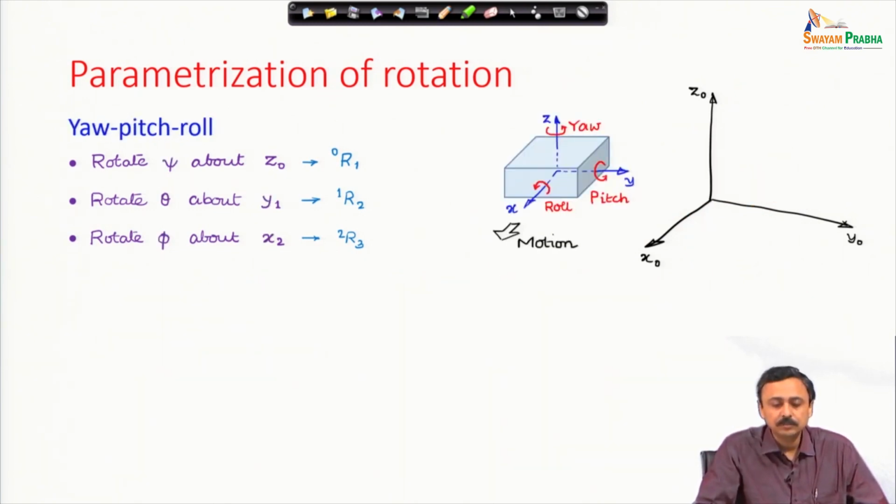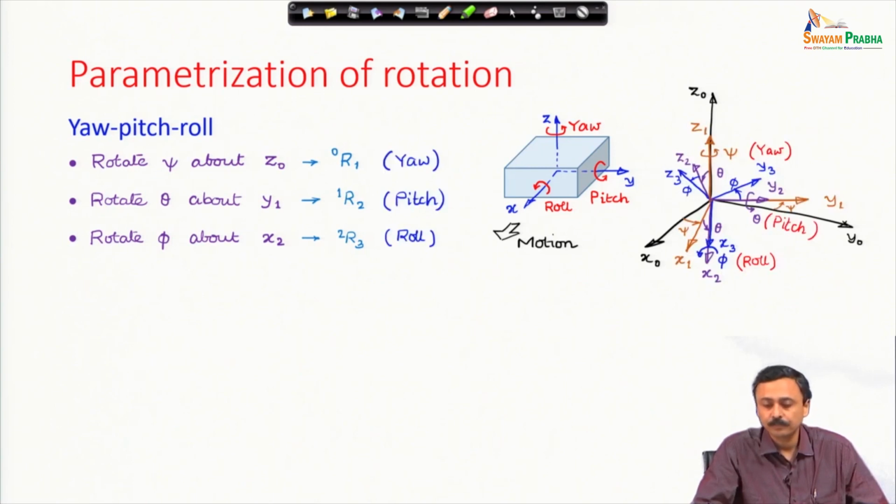Yaw pitch roll, we have already discussed this. Rotate by psi about z0, that will give you the rotation matrix R from 1 to 0. Rotate by theta about y1, the new y axis, that will give us rotation matrix R from 2 to 1. Rotate by phi about x2, the new x axis, that will give us R from 3 to 2.